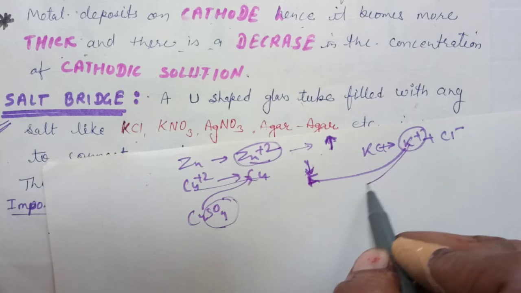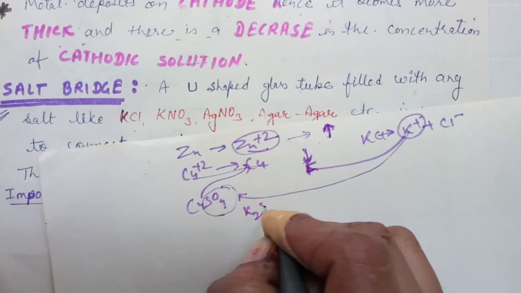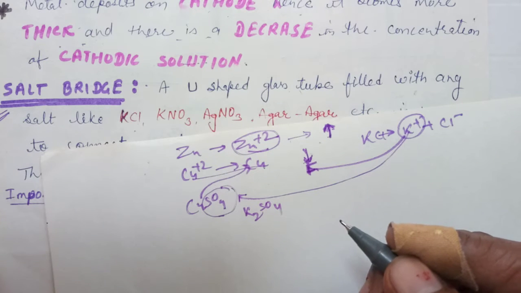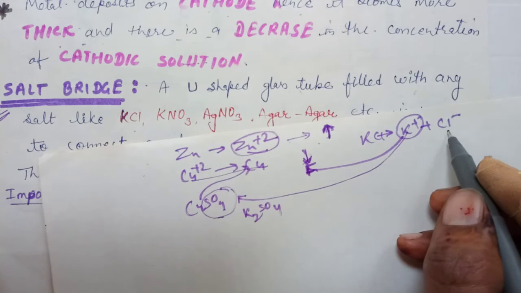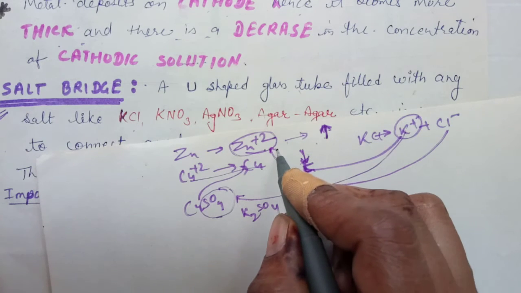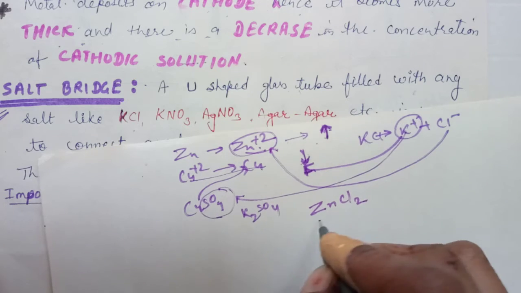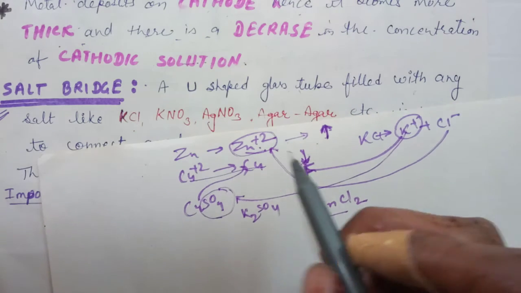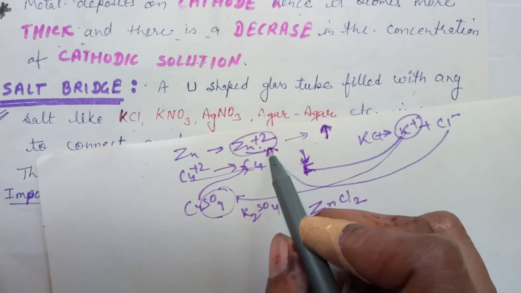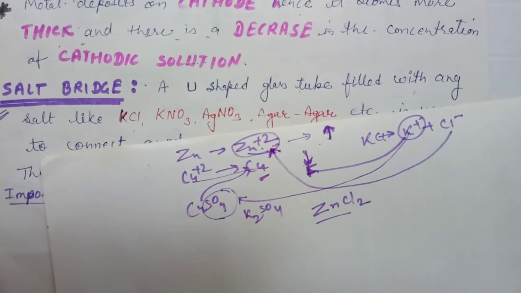So these K+ ions react with SO4 to neutralize it as K2SO4, while Cl- ions will discharge in the anodic solution to neutralize the Zn+2 ions as ZnCl2.